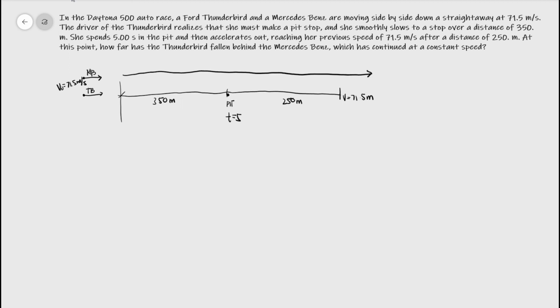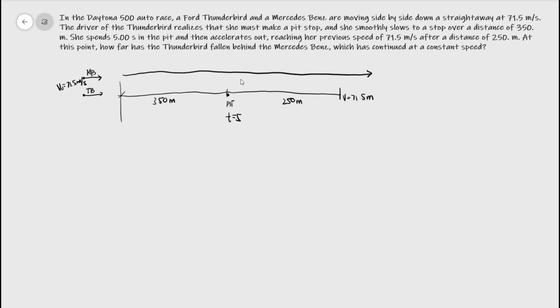Now to get how far the Thunderbird has fallen behind the Mercedes-Benz, first we need to get the total time it took for the Thunderbird to reach the pit, stay in the pit, and accelerate, reaching 71.5 meters per second after 250 meters. After that, from that total time, we will get the distance traveled by the Mercedes-Benz.